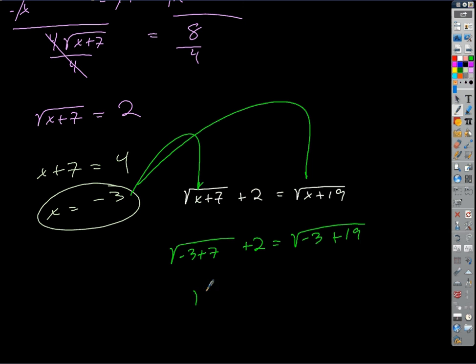So that gives us the square root of 4 plus 2 equals the square root of 16. Is that true? The square root of 4 is 2, plus 2 is 4. The square root of 16 is? Yeah, it works, doesn't it? Right? It checks. So -3 is our one solution.